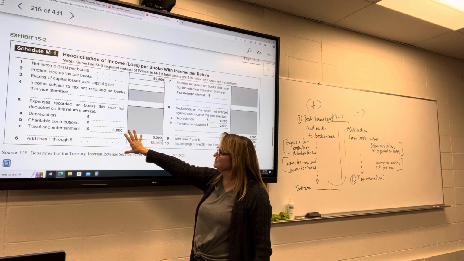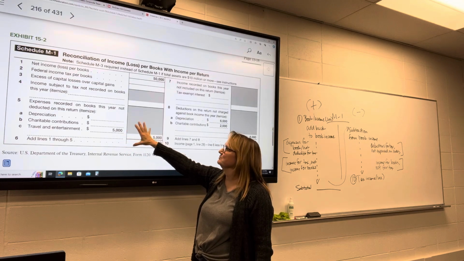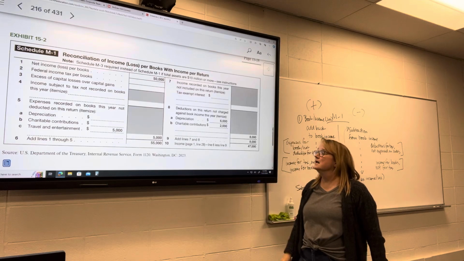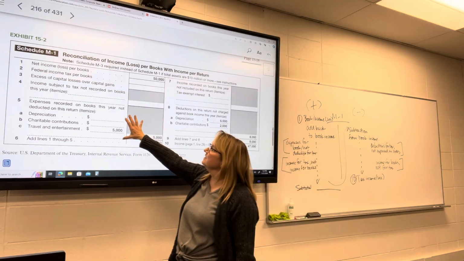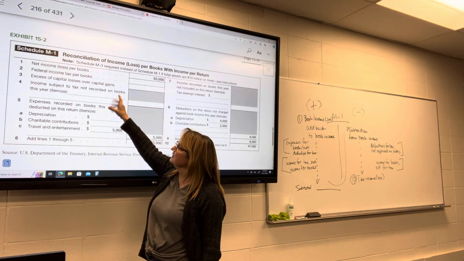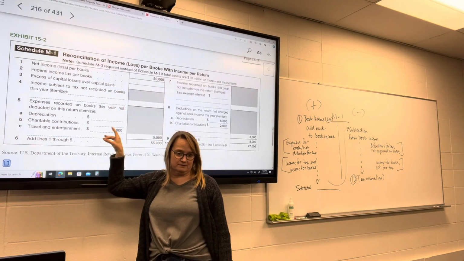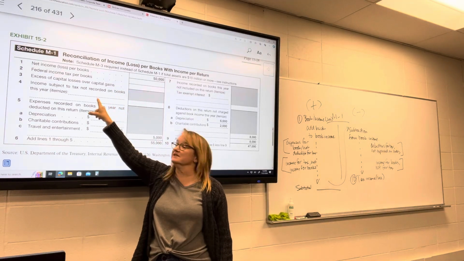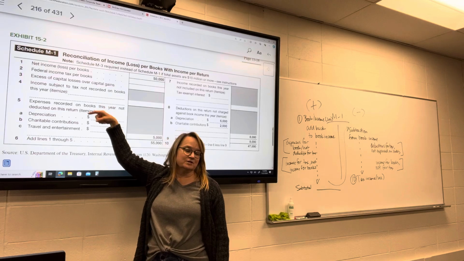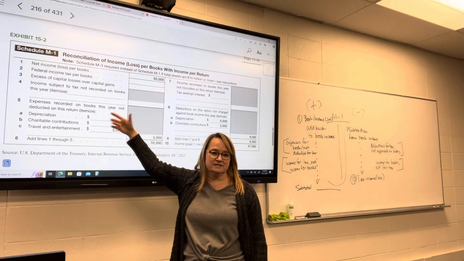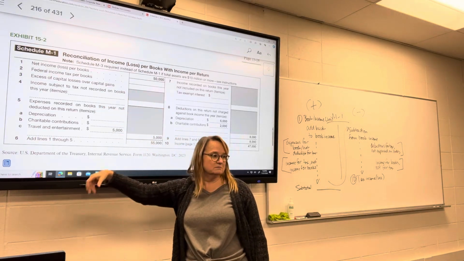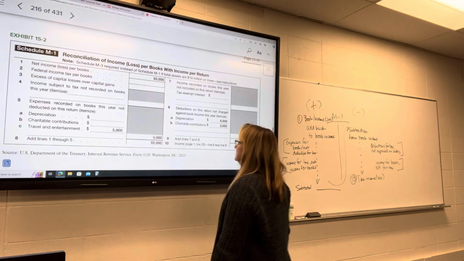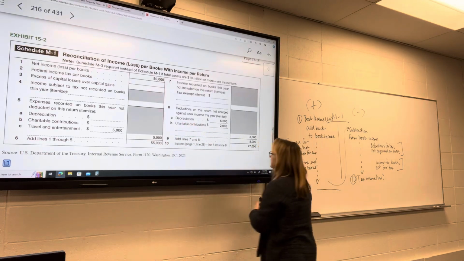It said meals in the past, I believe, but for some reason on this one it doesn't specifically say it. But that's where you would put it. Usually you've got a bunch of items that you're reconciling, and obviously this isn't enough space. So on the tax return, it's gonna create an additional schedule where all of those things are listed out, and then this is just kind of a summary.